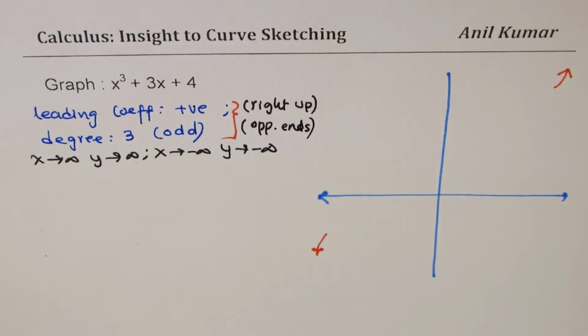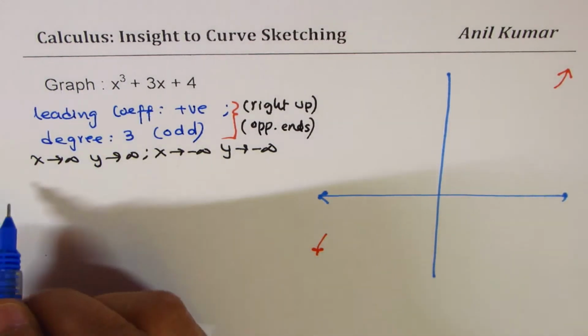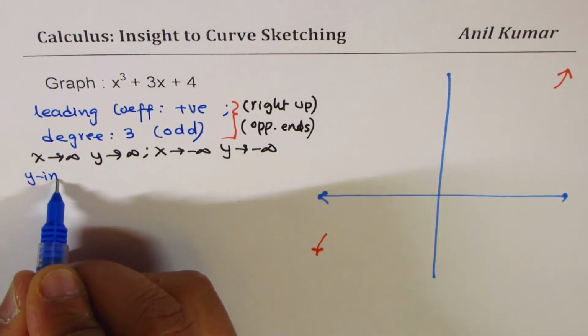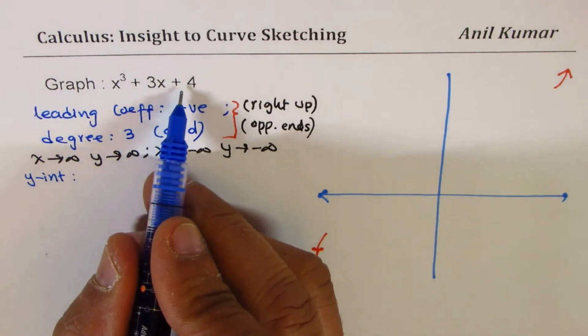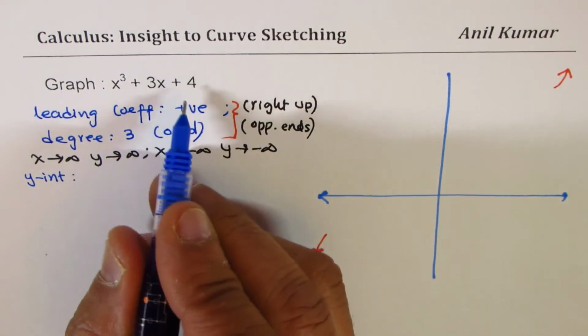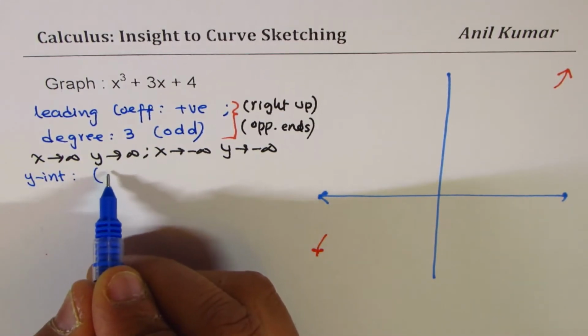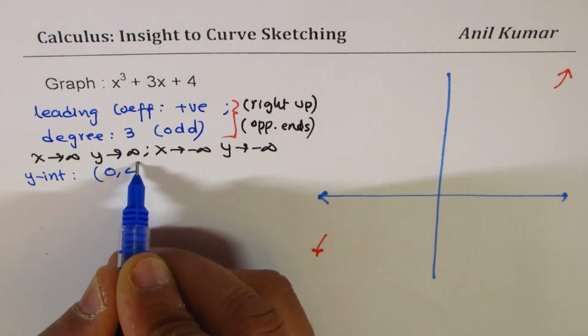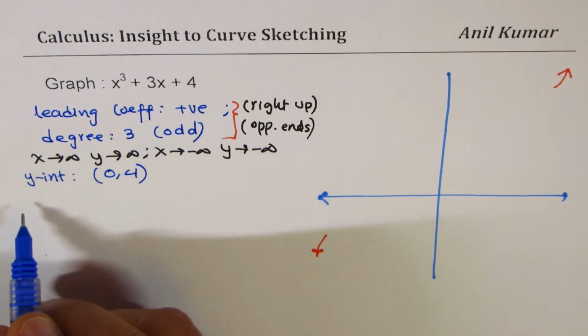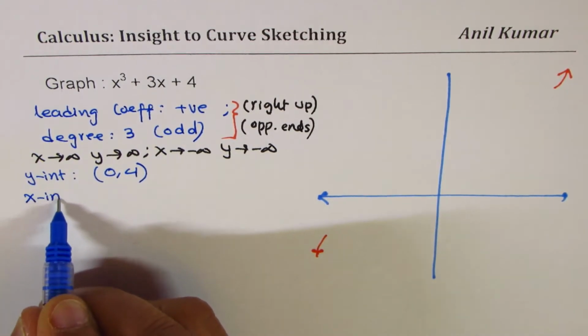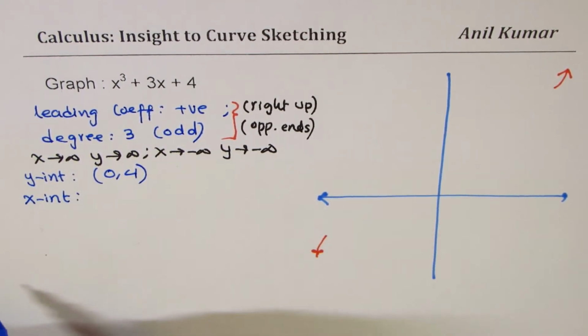Now after this, we can write down our y-intercept. Easy, right? Substitute x as 0, and we said the y-intercept is 4. So we know it is at (0, 4). Now, you have to answer this question: is it easy to find the x-intercept for this polynomial?